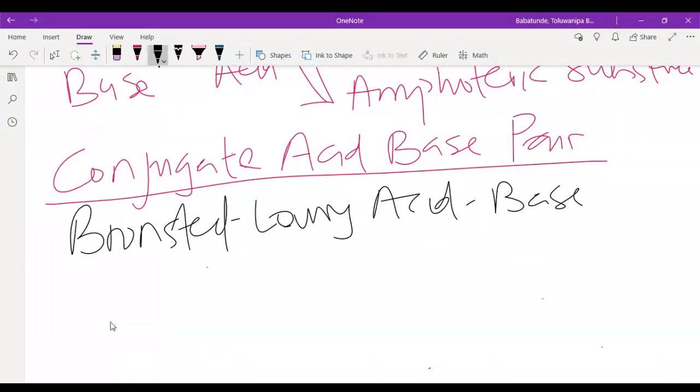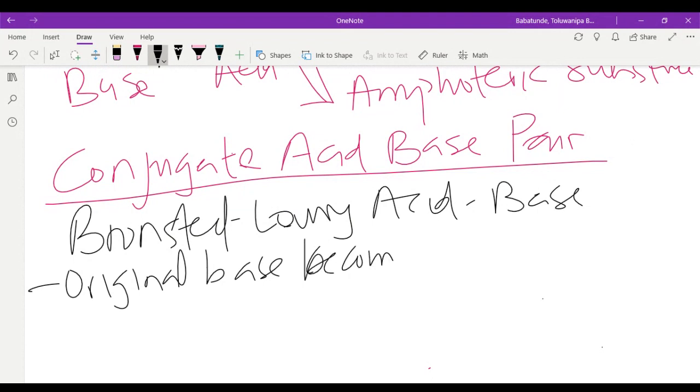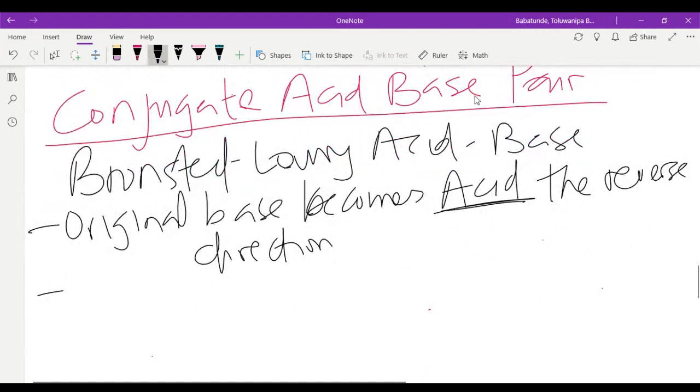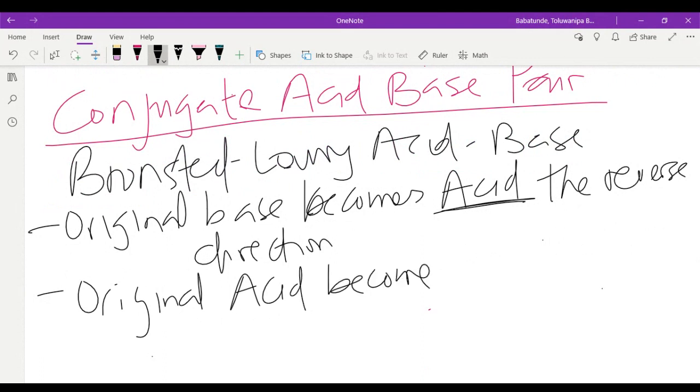So, say the original base becomes an acid in the reverse direction, and the original acid becomes a base in the reverse direction.